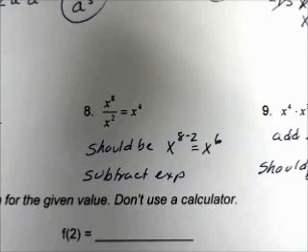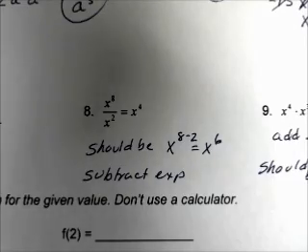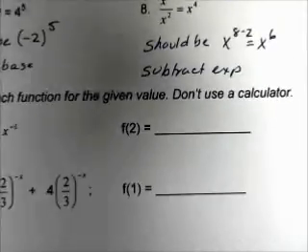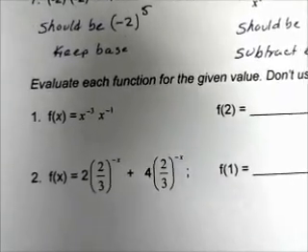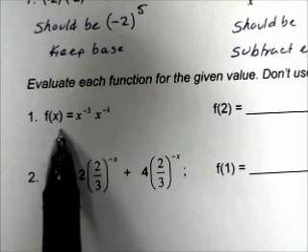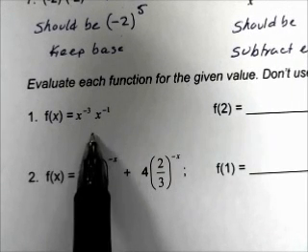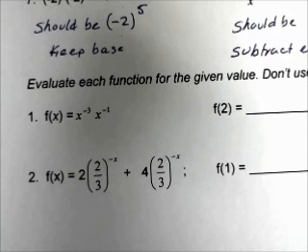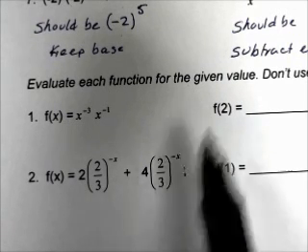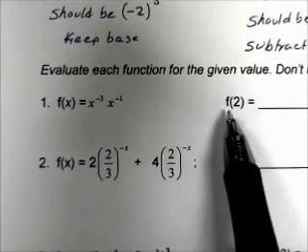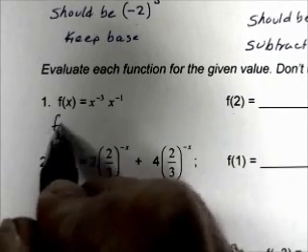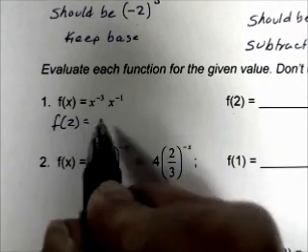In the last 4 problems, we want to evaluate each function for the given value. We don't want to use a calculator here. Okay, so we have f of x equals x to the negative 3 times x to the negative 1. And we want to evaluate f of 2. So we simply replace our x's with values of 2.